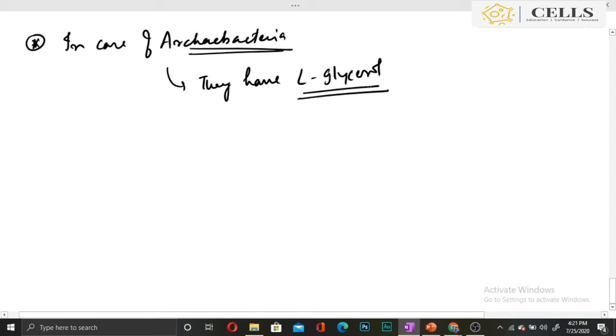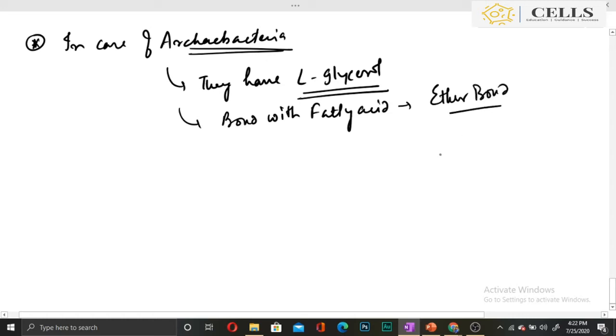They have L-glycerol. This L-glycerol bonds with the fatty acid, and the bond with the fatty acid is the ether bond, which is a very strong and stable bond.